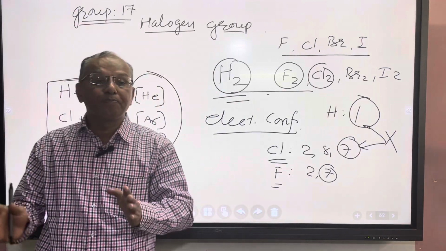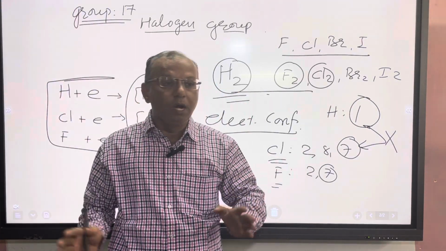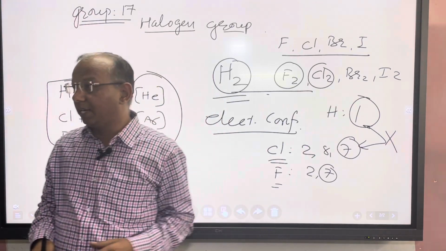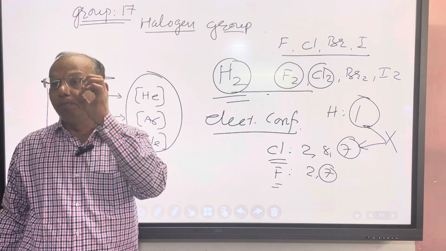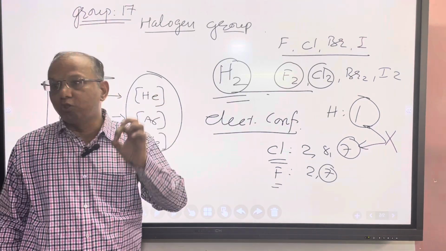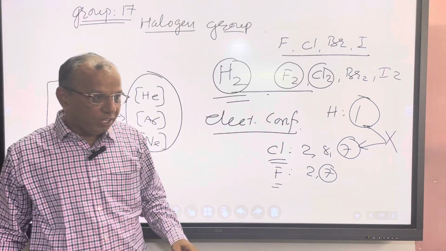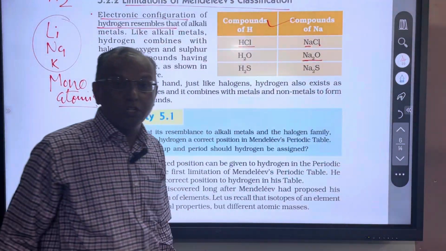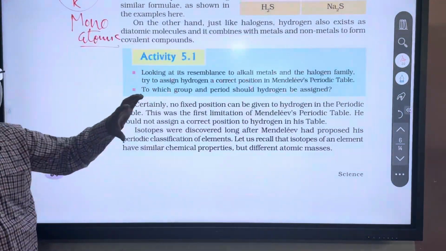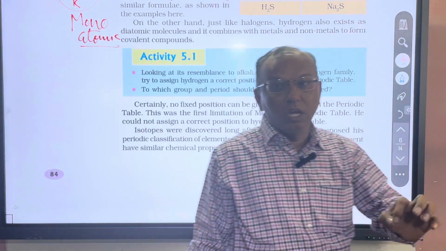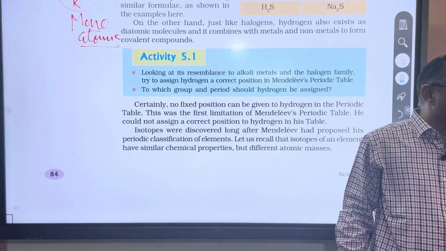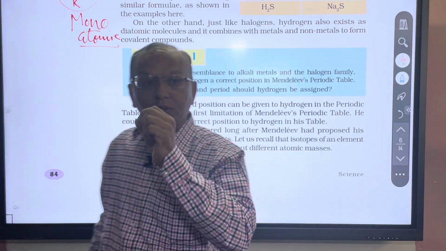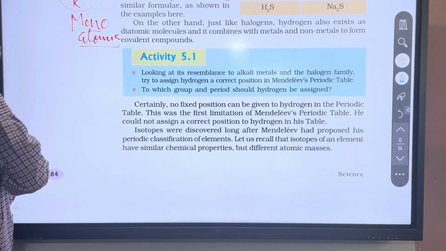Why, friends? Because the whole periodic table is prepared on the basis of electronic configuration and atomic masses. So electronic configuration is a major term we have to keep in mind, but it is not favoring us, so we are not able to put hydrogen in group 17 either, and that's why the place of hydrogen is uncertain even today. It is also a very important limitation of the periodic table.